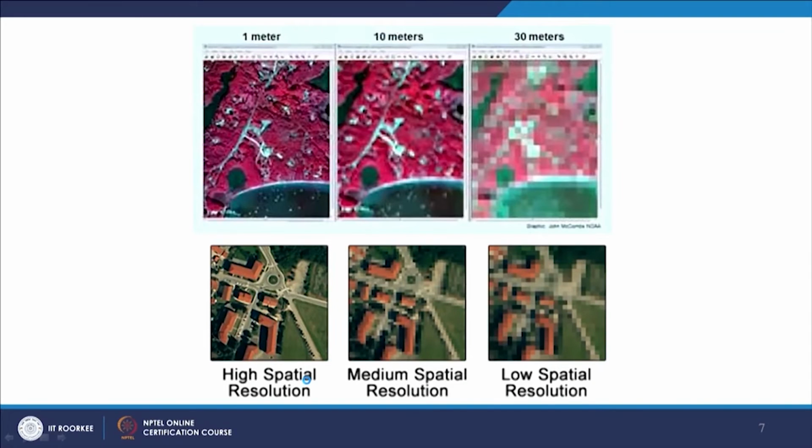Just to continue on this spatial resolution thing, I have a few examples in two rows. On the top right corner, we have a spatial resolution of 30 meters, and you can see that the image is what people call pixelated or jagged, and each cell or each pixel here is clearly visible, and it is relatively difficult to identify different objects present in this image.